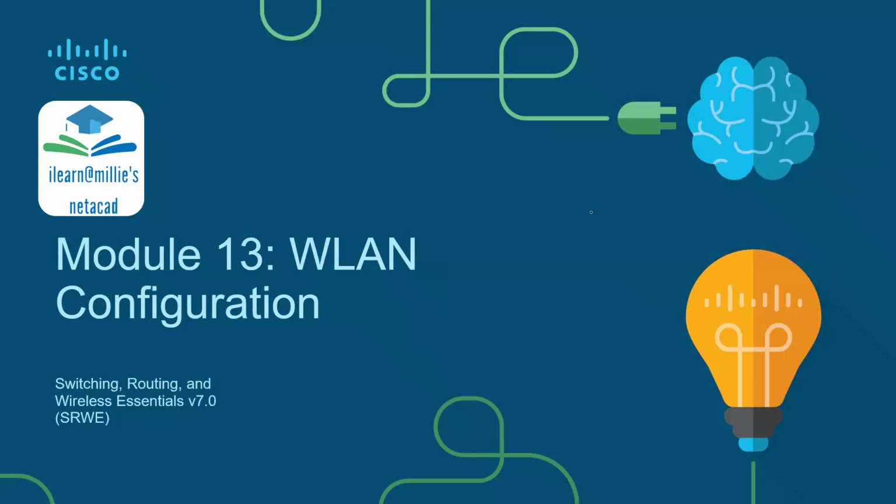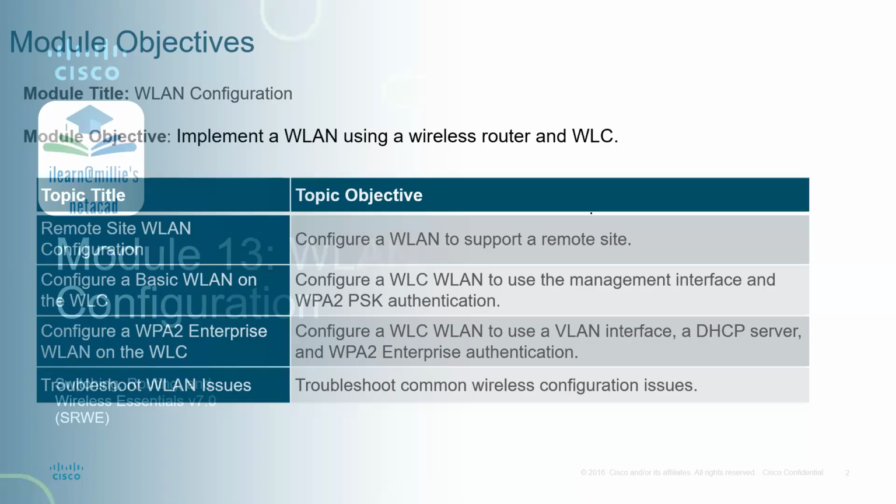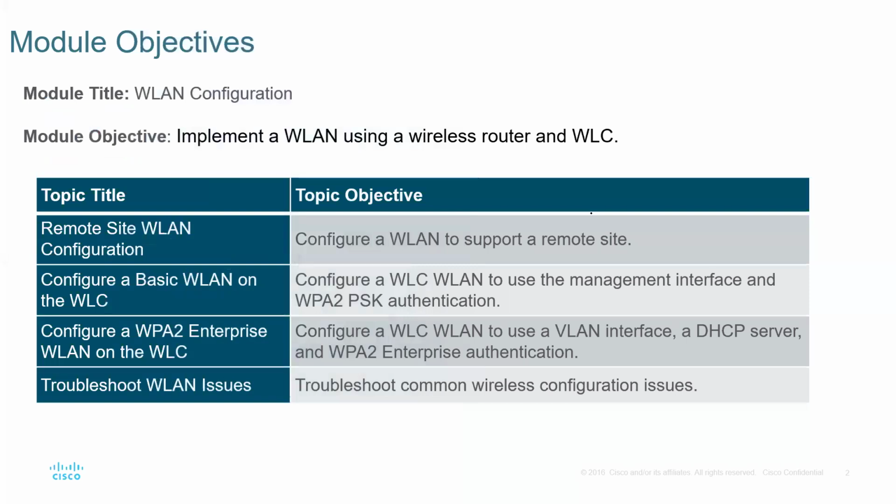So in wireless LAN configurations, the main objective is implementing a wireless LAN using a wireless router and a controller.